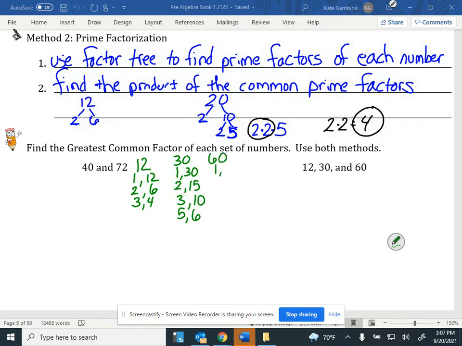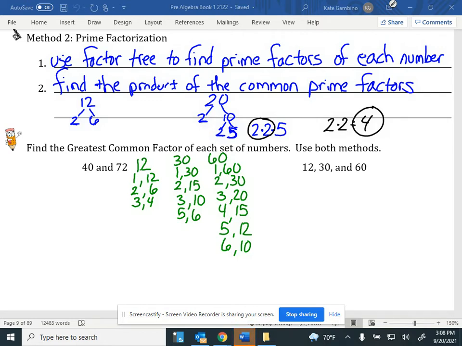We have 1 and 60, 2 and 30, 3 and 20, 4 and 15, 5 and 12, 6 and 10. So that is all of our factor pairs for all given numbers, 12, 30, and 60.